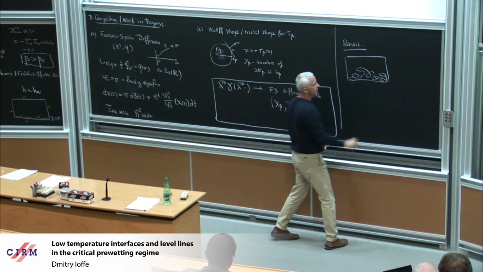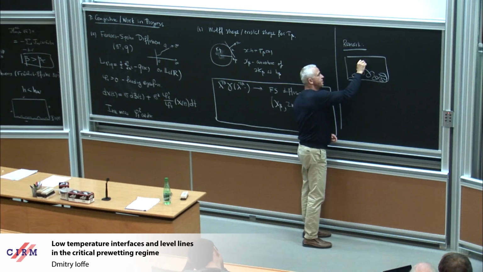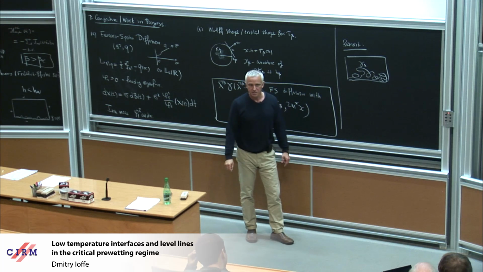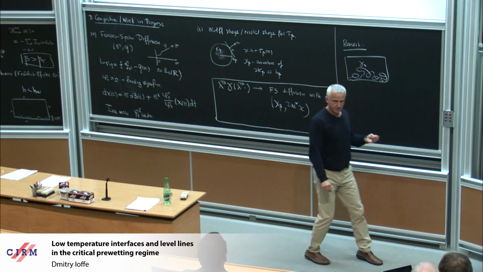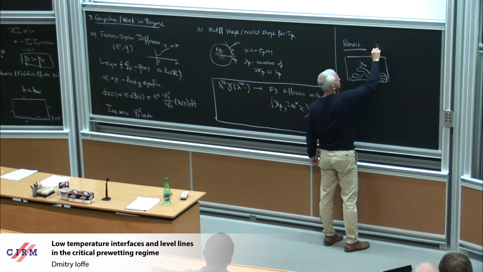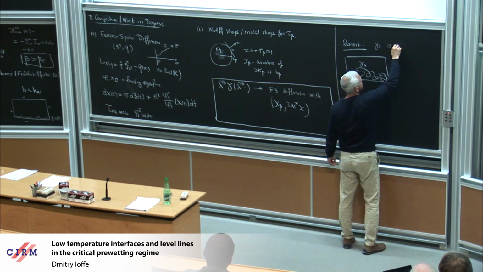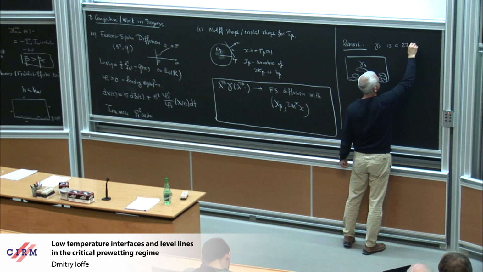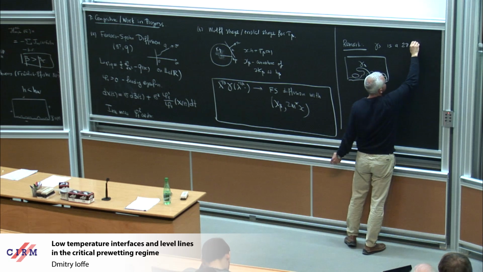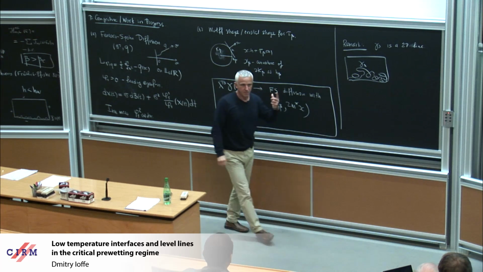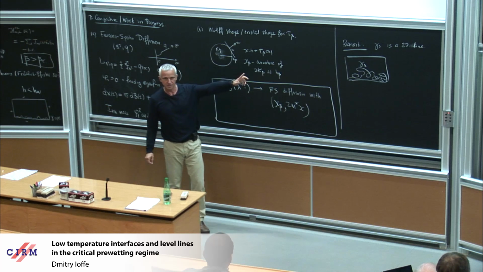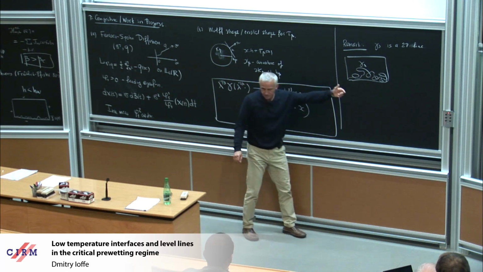It has overhangs, so this gamma lambda is not the graph of a function. It's really a two-dimensional curve, a polynomial line, as you wish. So this thing is not defined.